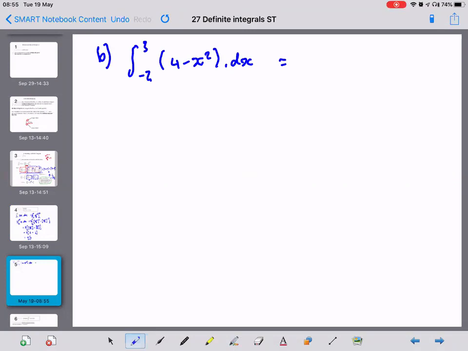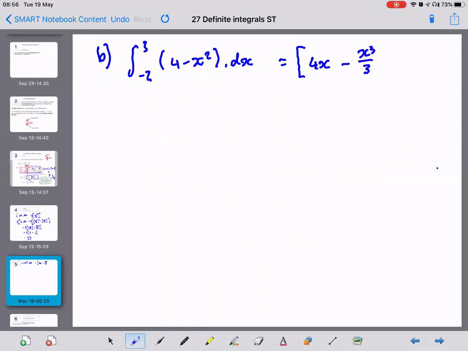That's going to equal, so we have to integrate 4, which when we integrate a constant, the variable of integration comes back, so we end up with 4x. That becomes x cubed over 3. Add 1 to the index, divide by the new index.